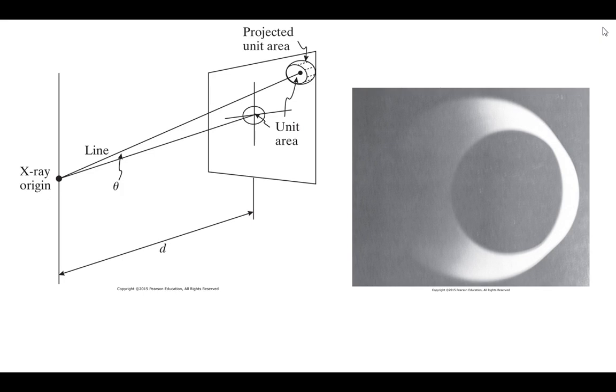The rays are coming in at an angle, which means the actual shape would be like this. If this was just one pixel, one ray would be hitting here, but it actually spreads that shape out. So it takes up more area than it should.